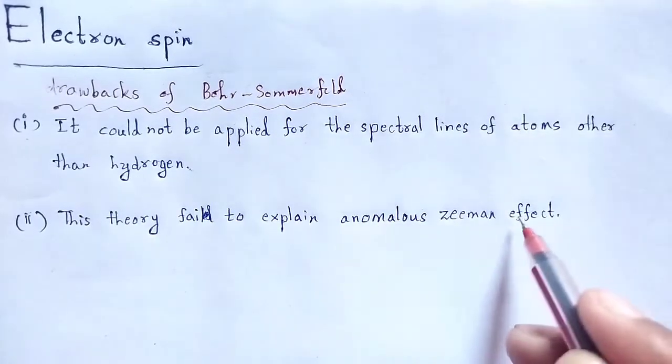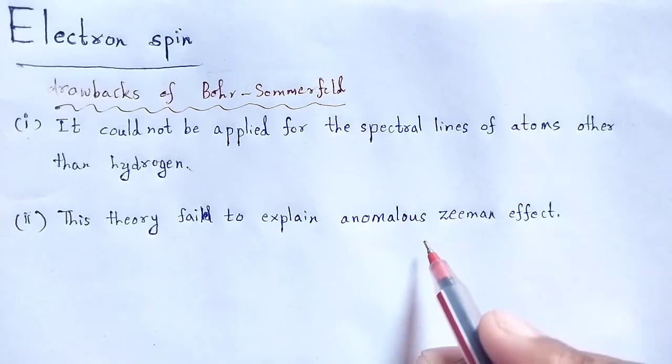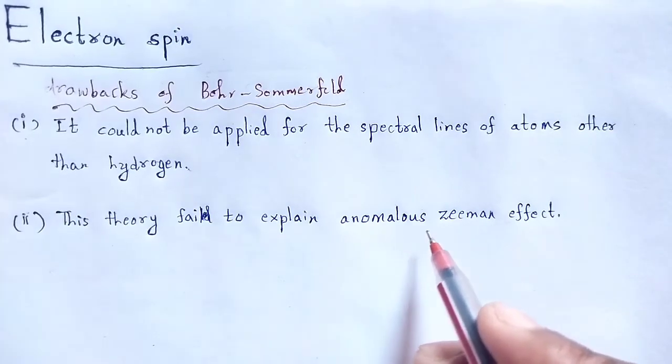What is the anomalous Zeeman effect? When a light source is placed in an external magnetic field, the splitting of the spectral lines into 4, 6 or more components is the anomalous Zeeman effect.